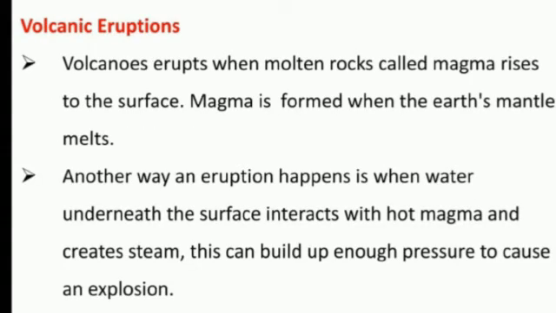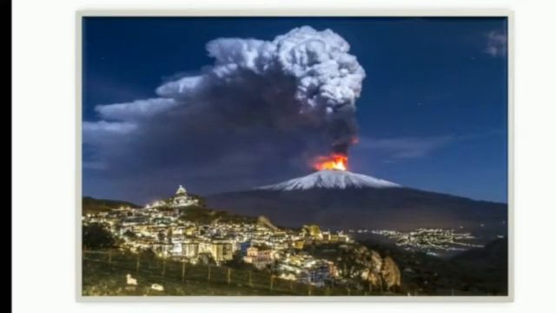Volcanic eruption. Now we saw what a volcano is, but now we'll understand what volcanic eruptions are, and we'll also see why there is a volcanic eruption, what happens in the interior part of the earth. Volcanoes erupt when molten rock called magma rises to the surface.